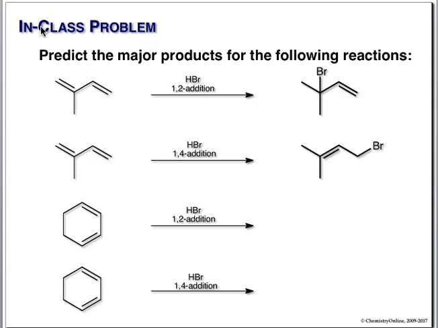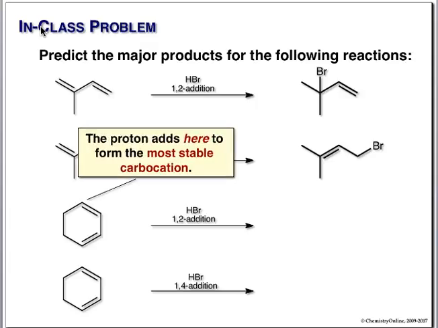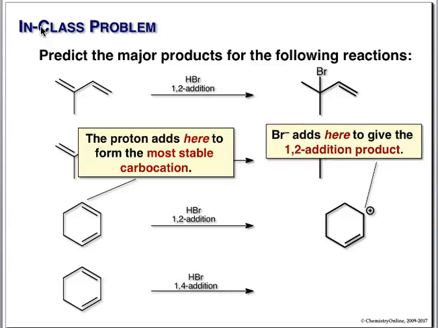Now, the most stable carbocation here is going to be this guy because it is adjacent to this double bond and it will be resonance stabilized. So we're adding our proton to this carbon to form this carbocation. Once we've done that, the second step in the reaction is very simple. We're just going to add Br- to the carbocation center, and our product will look like this.